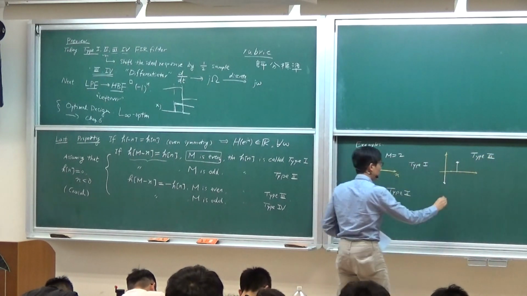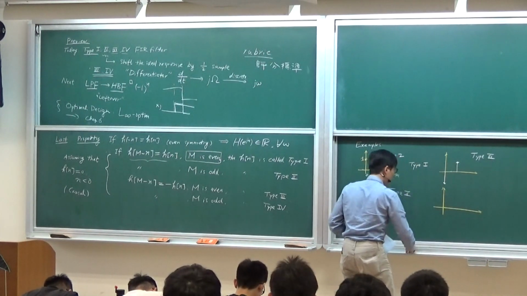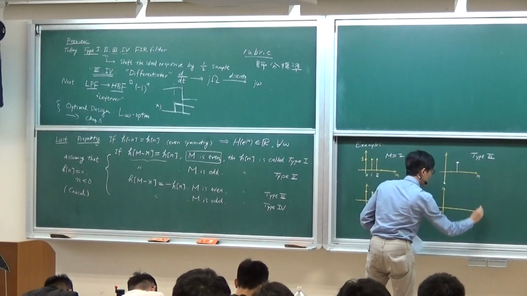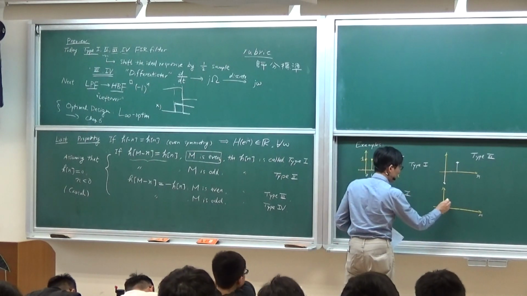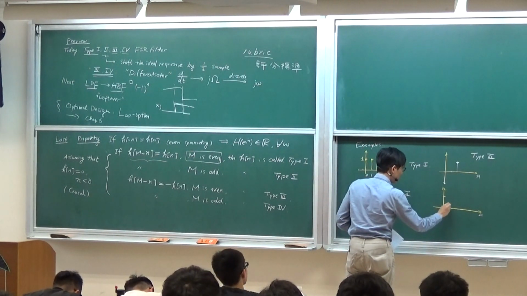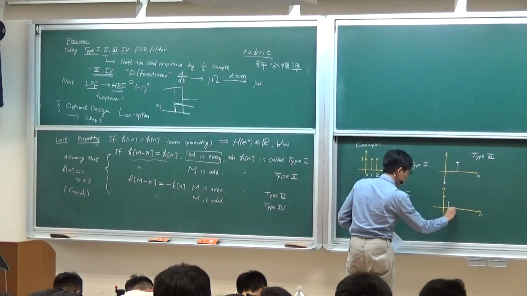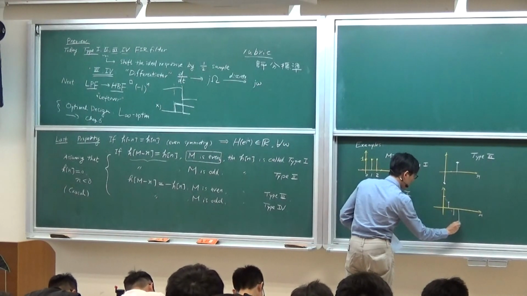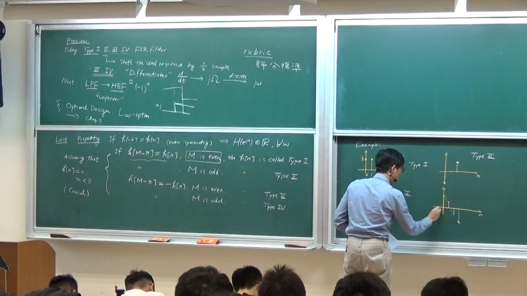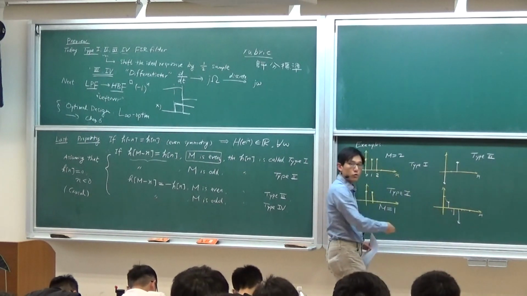And type 4, you can probably by now easily draw an example of type 4. An example of type 4 will be just like 1, 2, 3, and 4. I'm just throwing out a random example. Everything else is 0, okay? This would be an illustration of type 4.